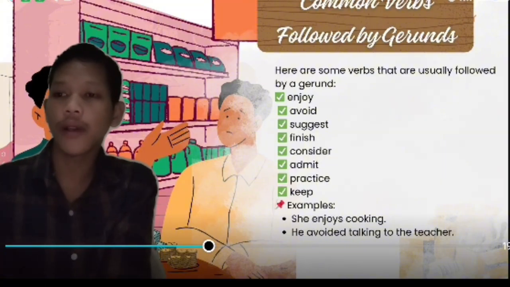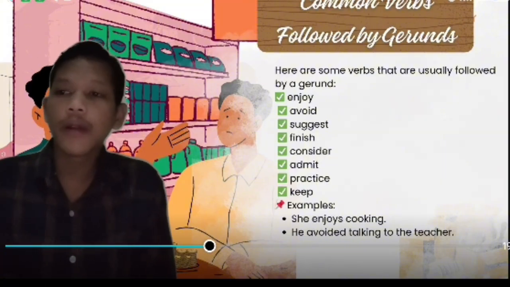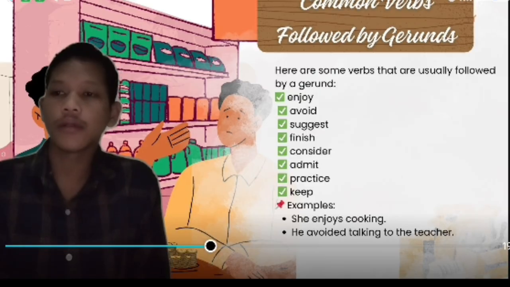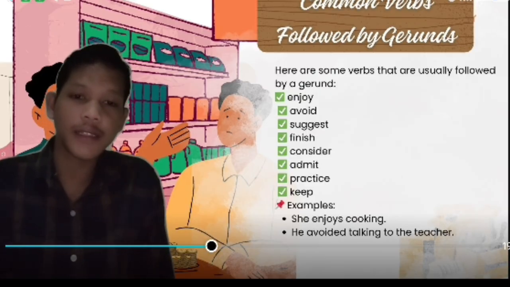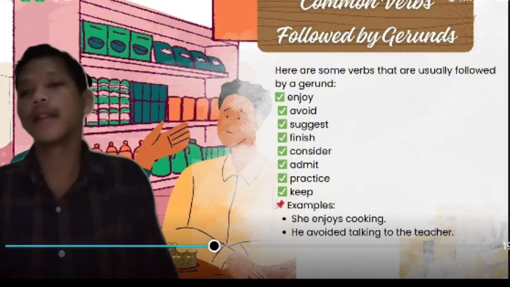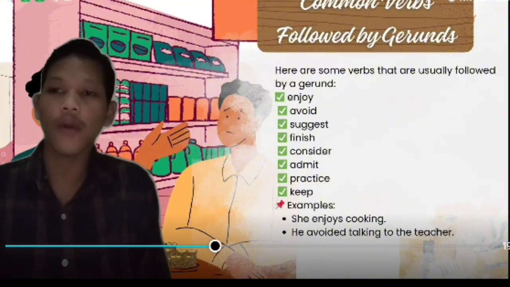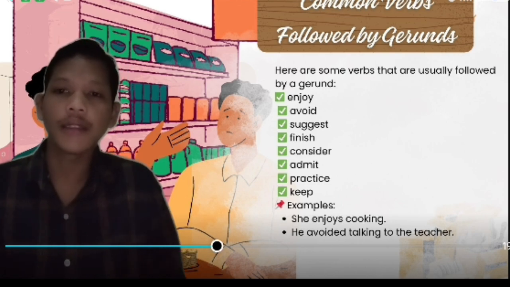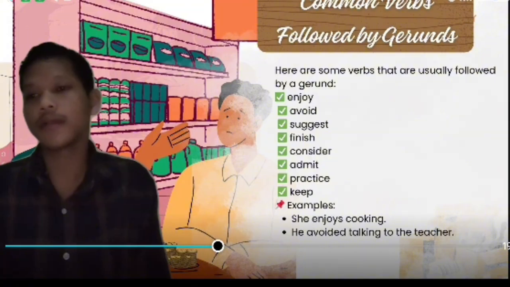Then the second one, the swimming boy is tired. Is that a gerund or present participle? Alright, that's a present participle. Why? Because swimming describes boy, it acts like an adjective, right?